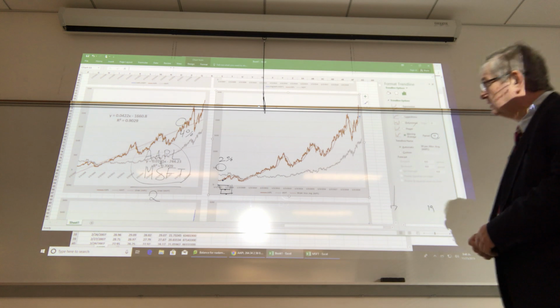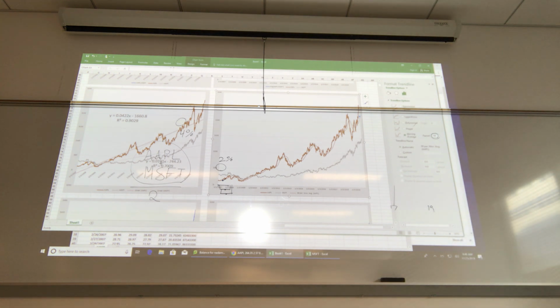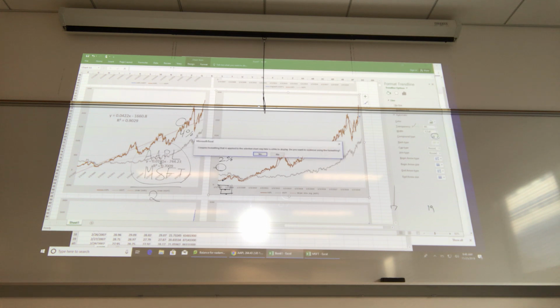I want to see how it's smoothing my trend. I will go here, and I will play with my trend. I want to see it intensely. Can I change color? Can I make it thicker?